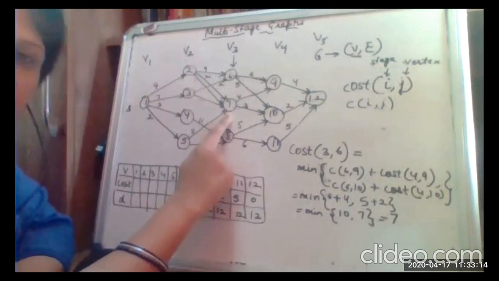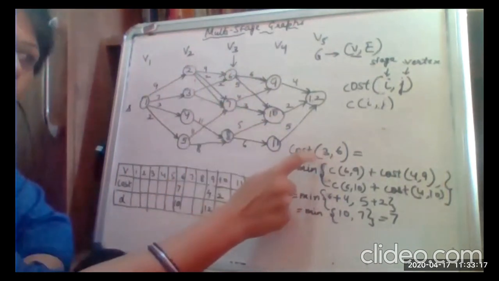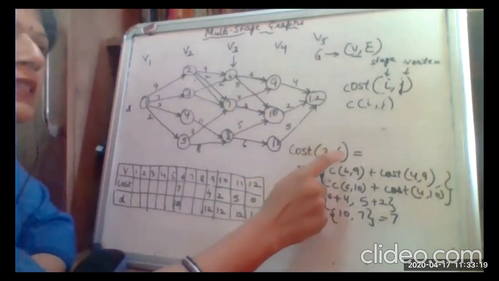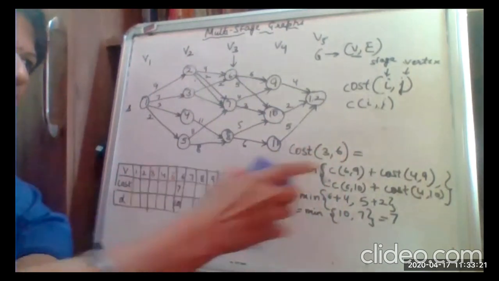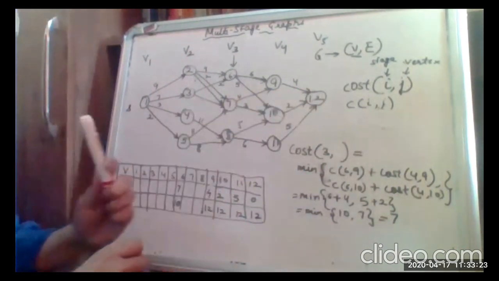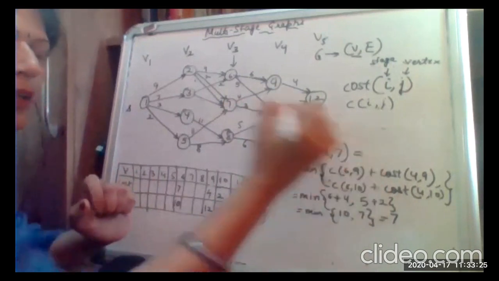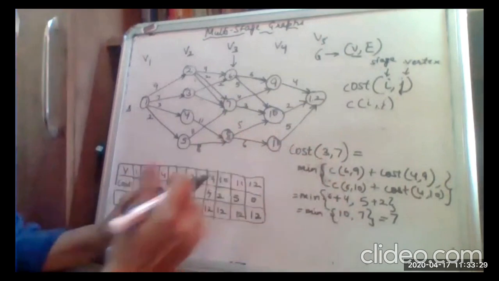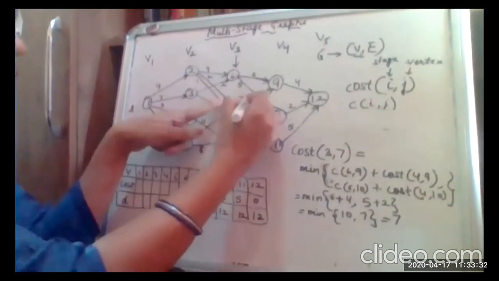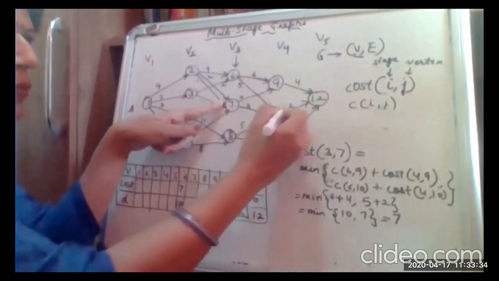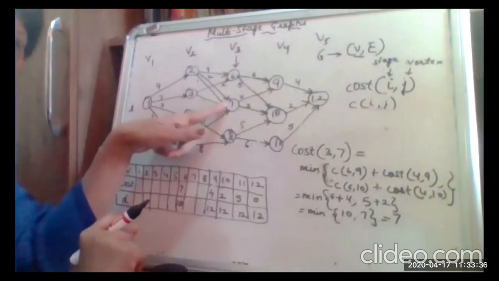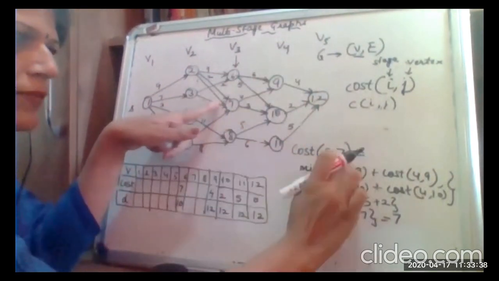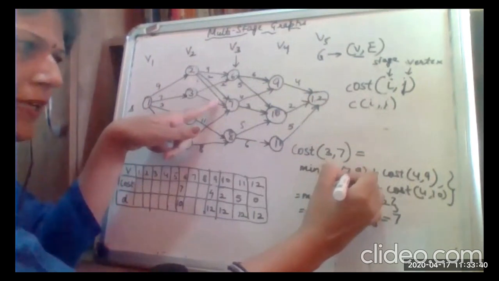Now let's start with 7. So that means the cost of the 7th vertex that we will write here at stage 3. Yes, cost of the 7th vertex at stage 3. Again, it has two paths. One is via 9 and another is via 10 on the 4th stage. So this one will be, instead of 6, we will be writing 7.